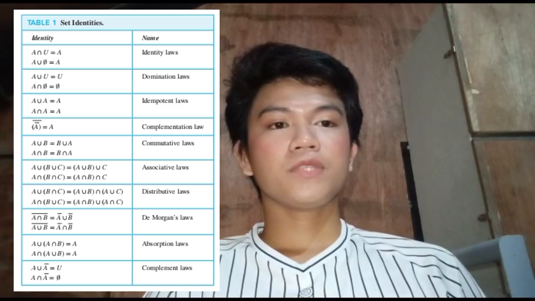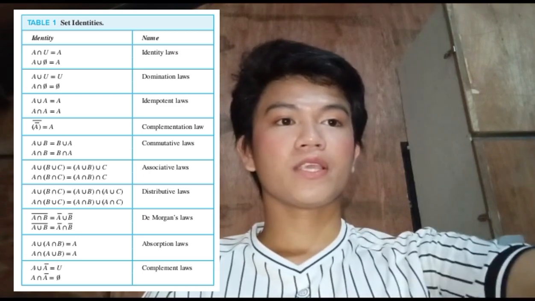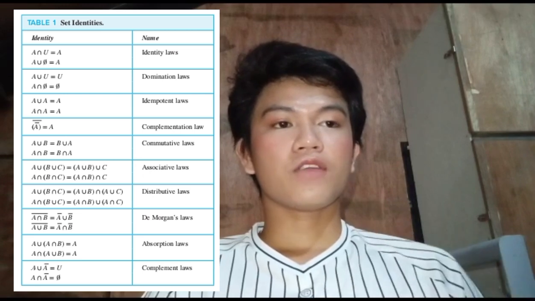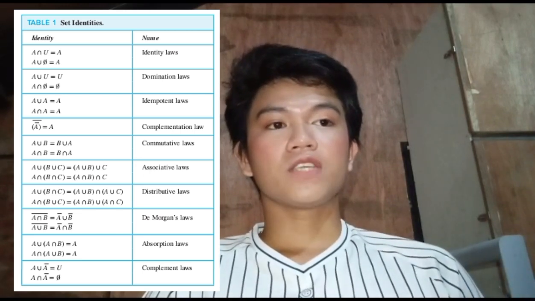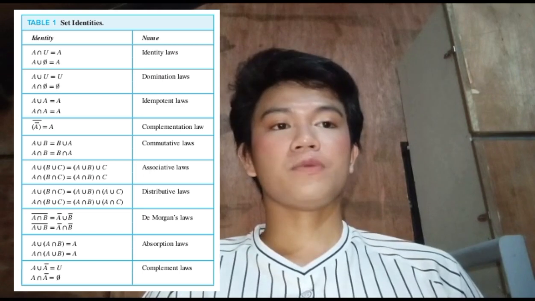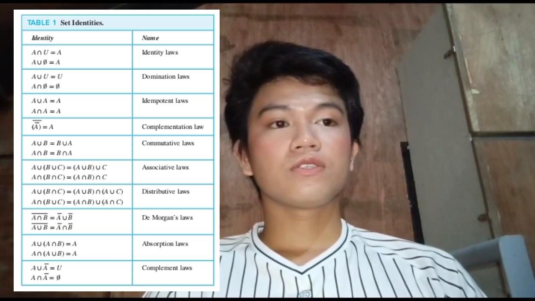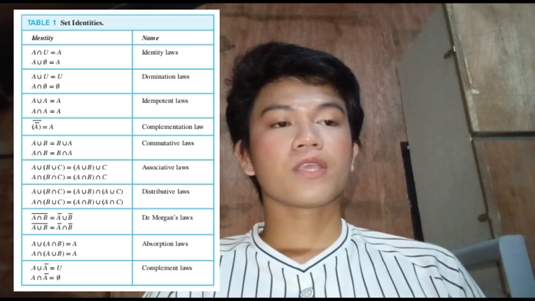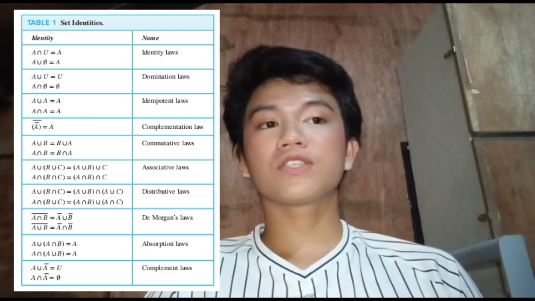The next one is De Morgan's laws. Here we can see that the complement of (A intersect B) equals A' union B', and the complement of (A union B) equals A' intersect B'.